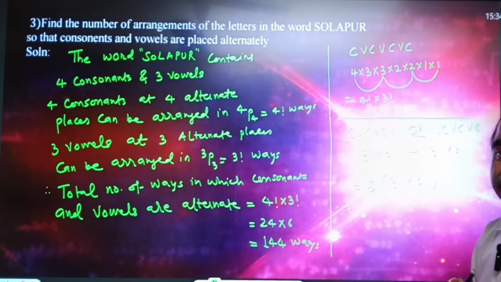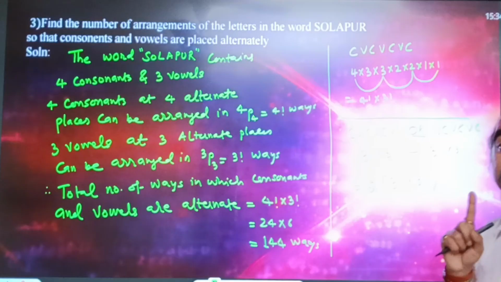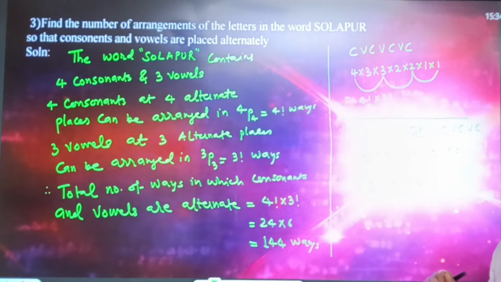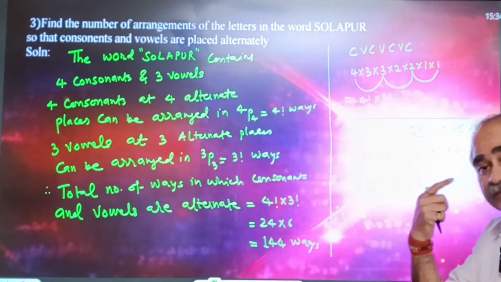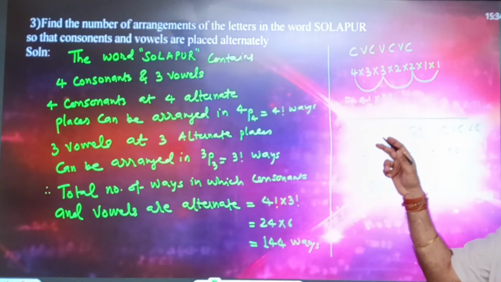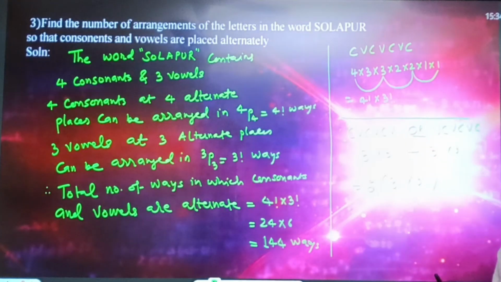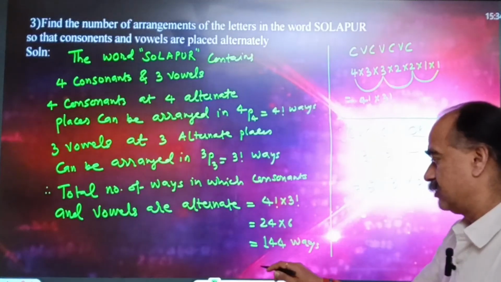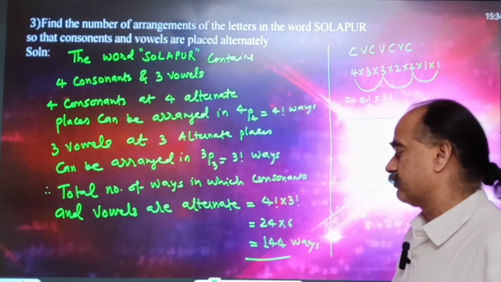This happens when vowels and consonants alternate but are equal in number. And if vowels are more than consonants or consonants are more than vowels, then there is only one arrangement. So this is what we have to remember. In this case, 144 will be the answer.